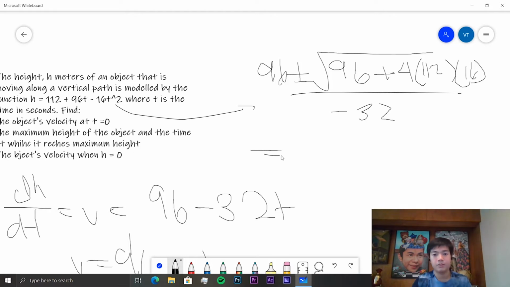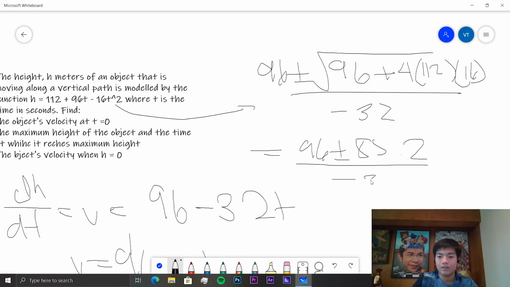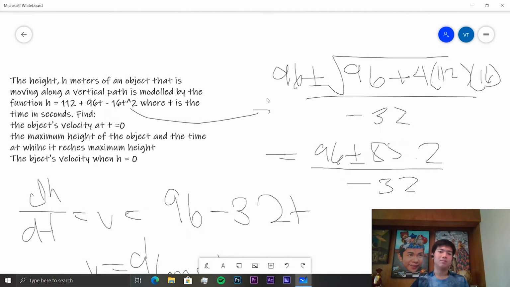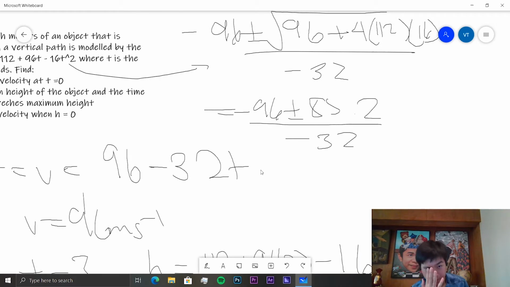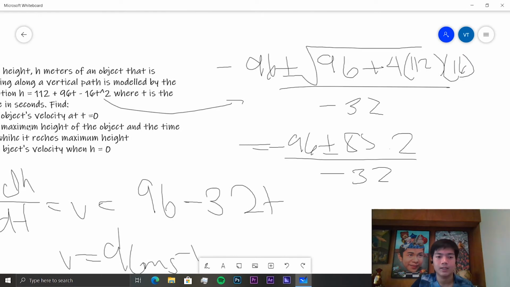The square root of this is equal to like 85.2. Is this correct? Negative b, oh, negative b. There's actually going to be two potential values for this, unless I've messed up the typing.